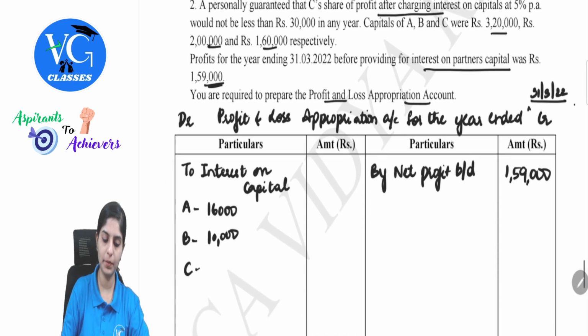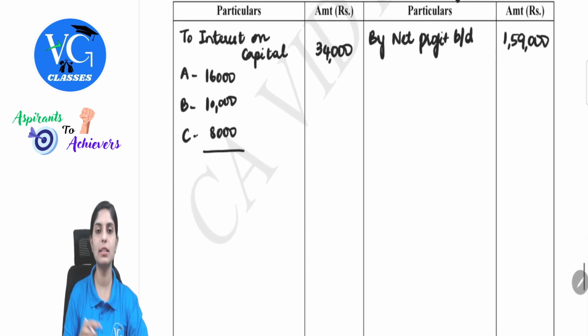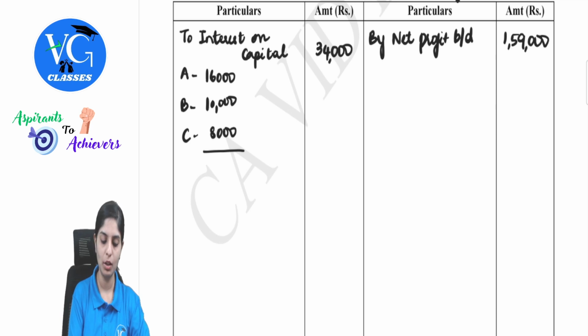And for C, 1,60,000 into 5%, this is 8,000. So in total, we will get 34,000 as interest on capital. After we subtract this, it is called divisible profit. So 1,59,000 minus 34,000. So profit available is 1,25,000 to divide.